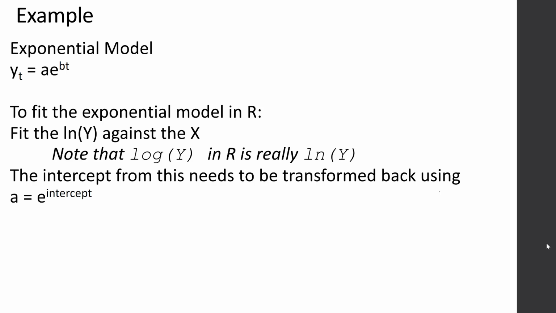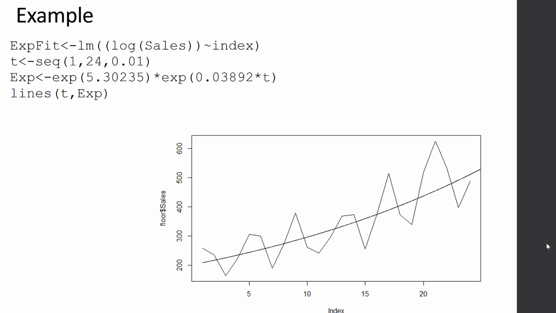Note that log of y in R is the ln function. That does the natural log. There's a separate log function for base 10 in R. All right, the intercept from this needs to be transformed back using a equals e to whatever the intercept is from the output.